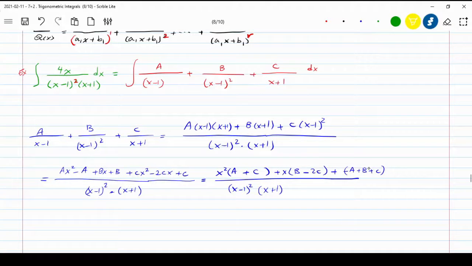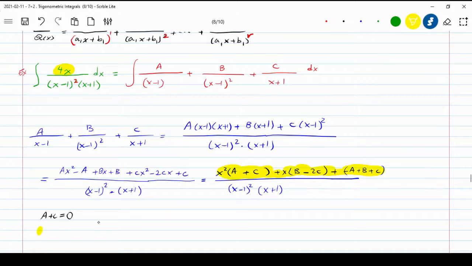So what am I going to compare this to? This whole numerator is supposed to be compared to that one, because the denominators are the same. So by doing that comparison, I get that a plus c must equal 0, because there is no x squared in the numerator. Here there is no x squared, so a plus c must be 0.